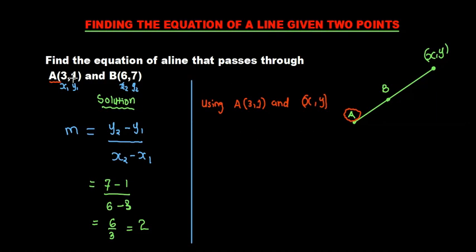Subtract 7 minus 1, then 6 minus 3. Also this one we're going to work out y minus 1 over x minus 3. We shall get the answer as 2, which is the gradient that we obtained here.